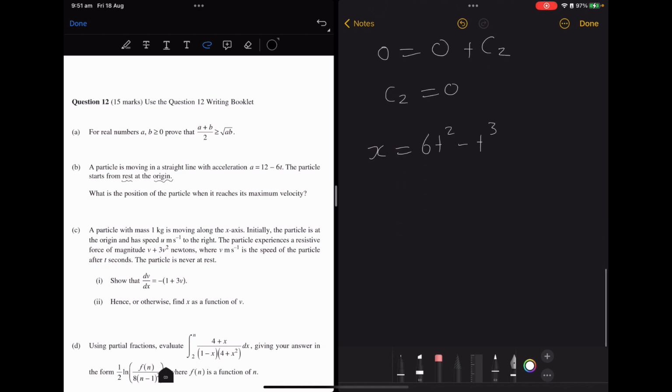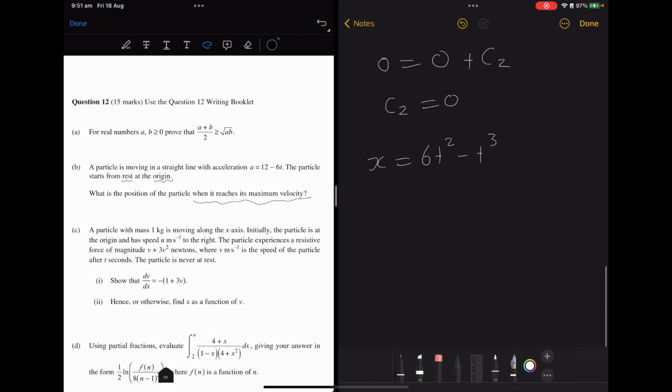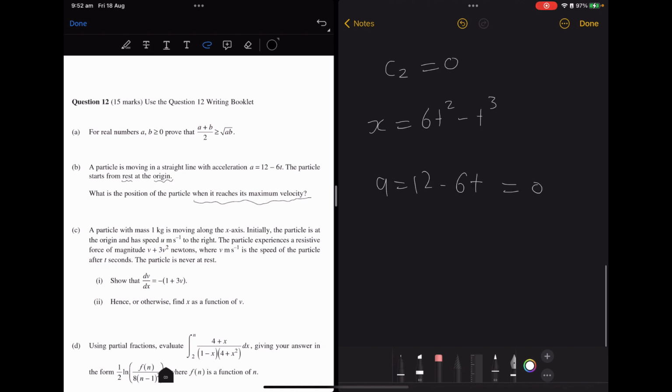And we wanted to find the position of the particle when it reaches its maximum velocity. So when is maximum velocity? Well, if you remember how to find the maximum of any function, it's when its derivative is equal to 0. So velocity is at its maximum when the change in velocity equals 0, which is when acceleration is 0. So a equals 12 minus 6t equals 0, pretty easy to solve: t equals 2.